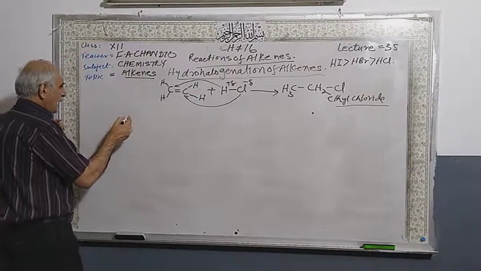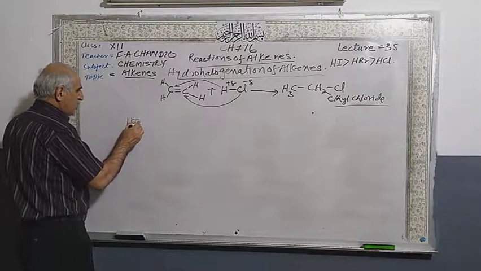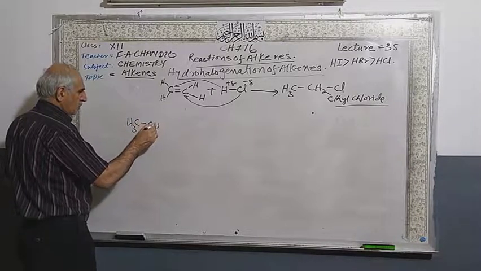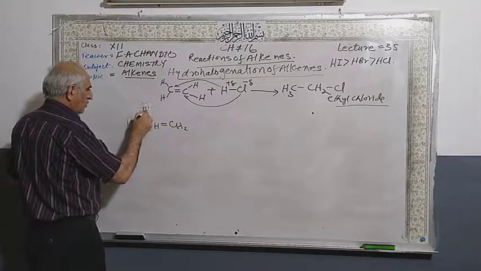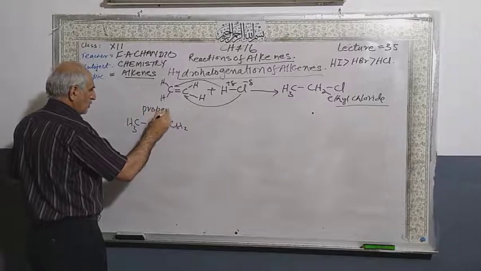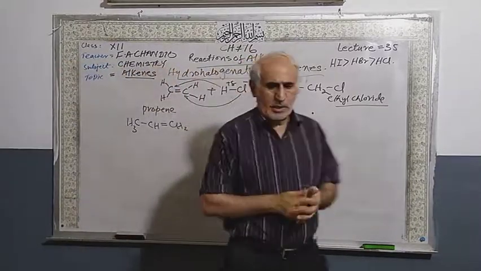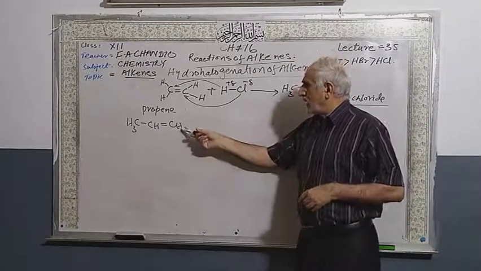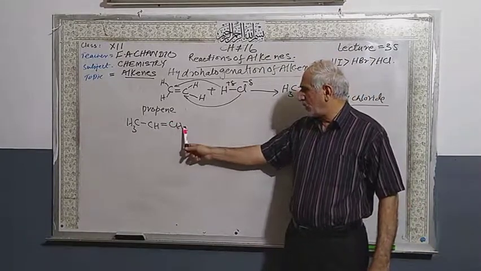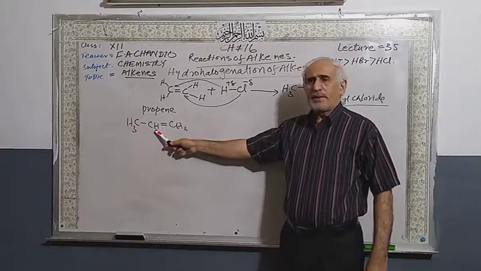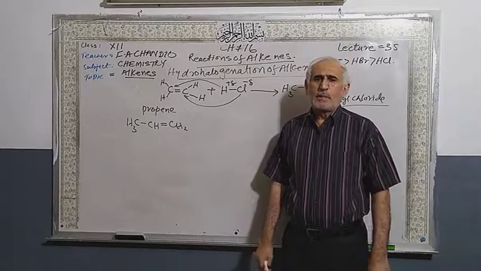Now, dear students, if you have an unsymmetrical alkene like propene, unsymmetrical means this carbon contains 2 hydrogens, this carbon contains 1 hydrogen, and this carbon contains 3 hydrogens.